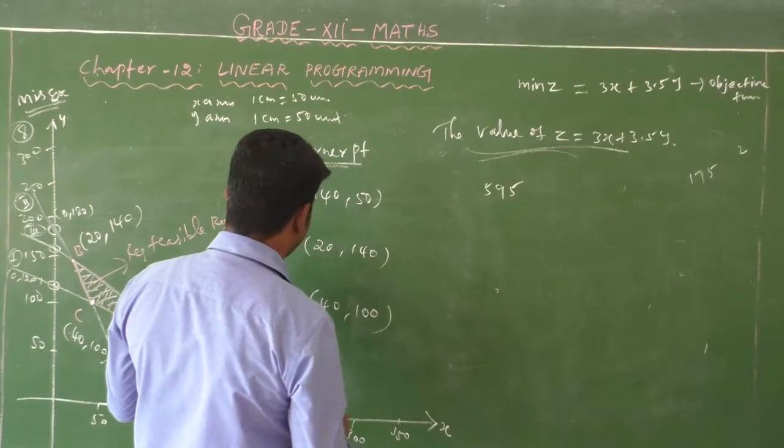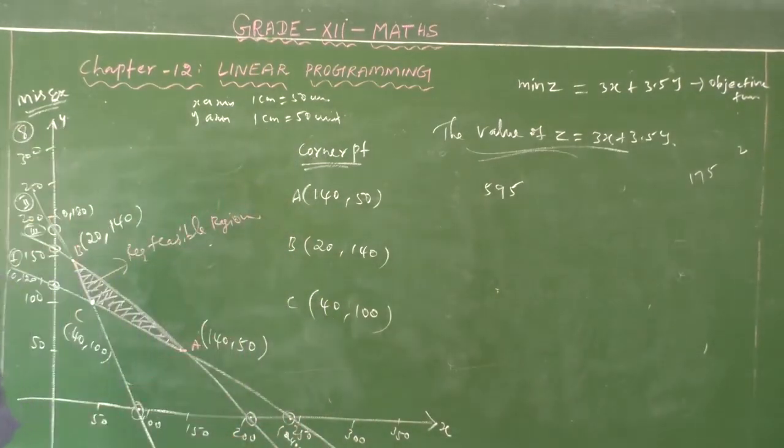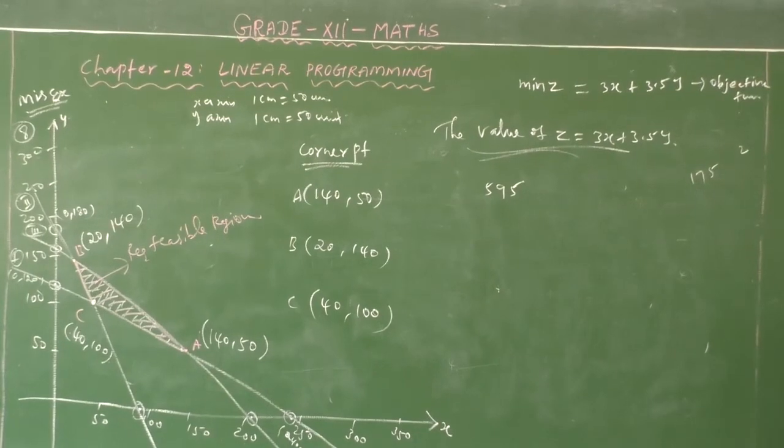Next, substitute the value B. B is 20 comma 140, so x equal to 20 and y is equal to 140.